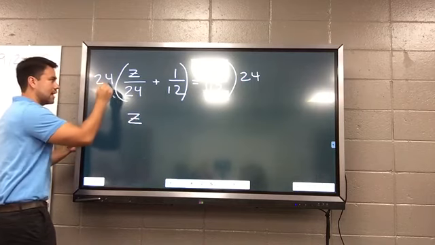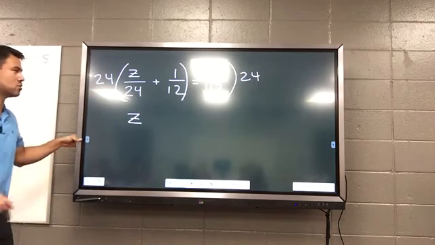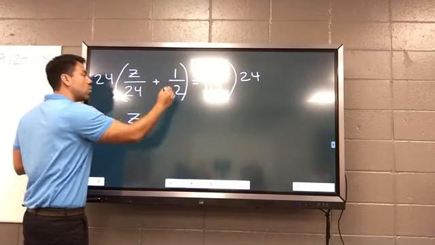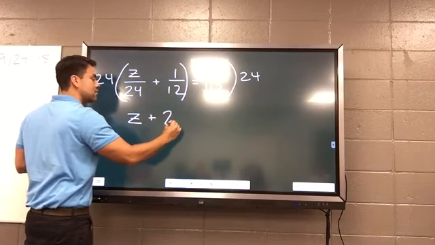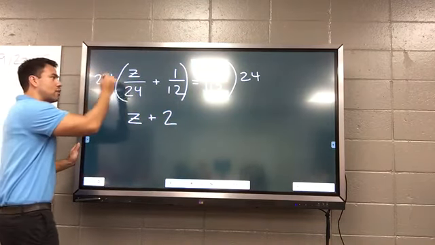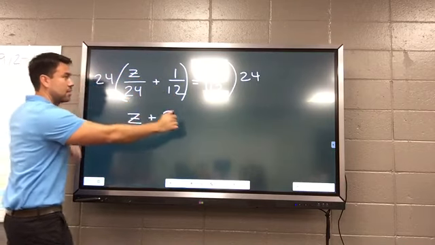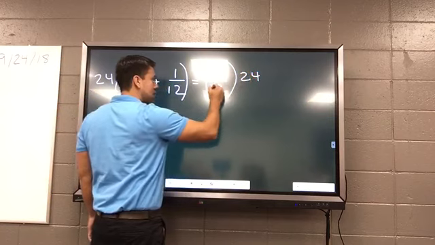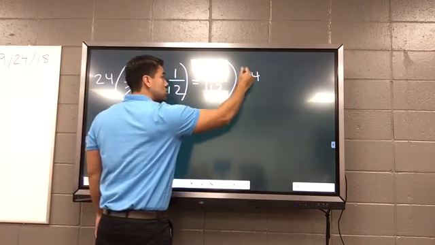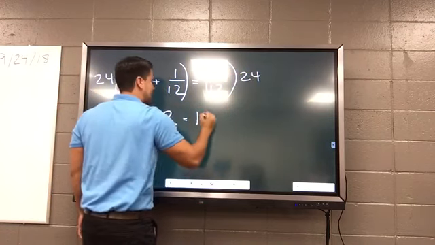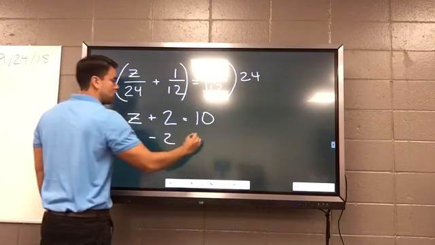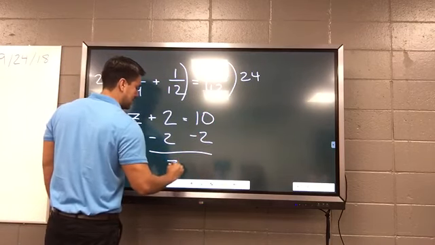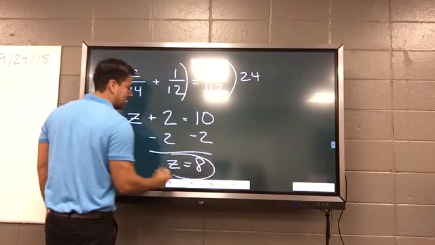Z. Because the 24 is canceled. 24 times 1/12? Positive 2. Yeah, positive 2 because 24 and 12 cancel each other out. All right, 5/12 times 24. These two cancel each other out. Becomes 2 times 5, 10. So subtract 2 from both sides. Z equals 8. That's how I get my 8.